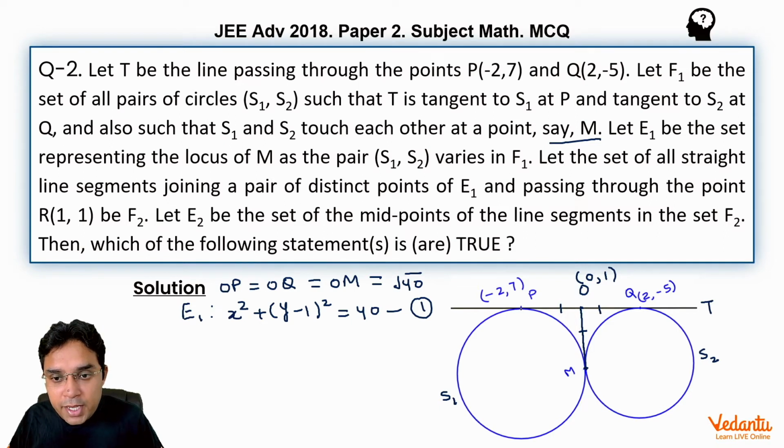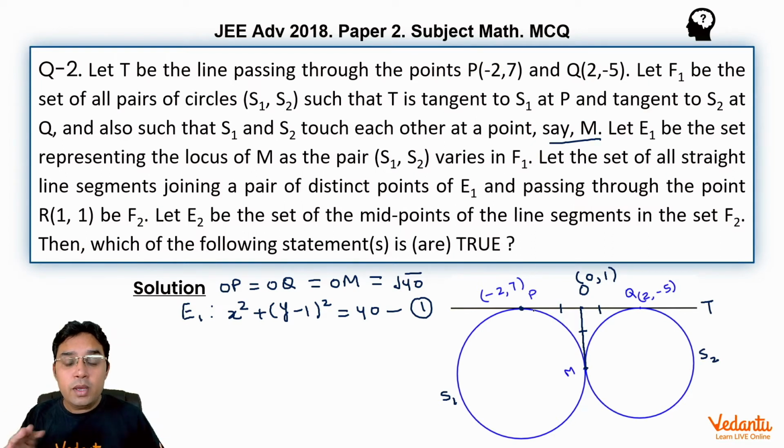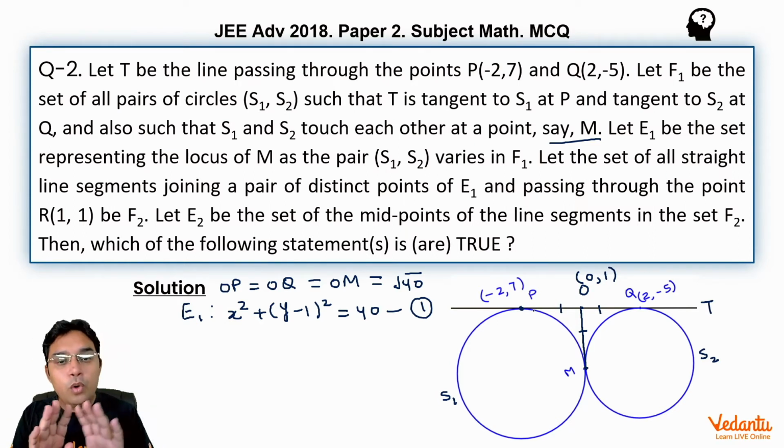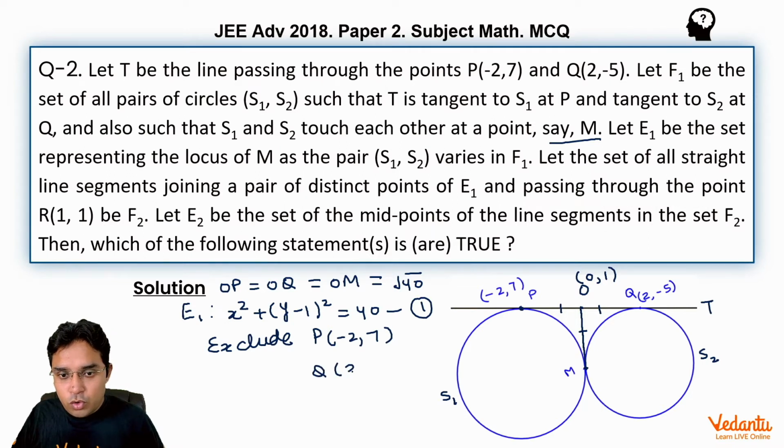Because even if we take a point circle at P and I make S2 an infinite radius circle, only in the limiting case we can assume that this point M will be tending towards P, but in no practical scenario can it reach point P. So in this E1 we have to exclude the point P, which is (-2, 7), and the point Q, which is (2, -5).